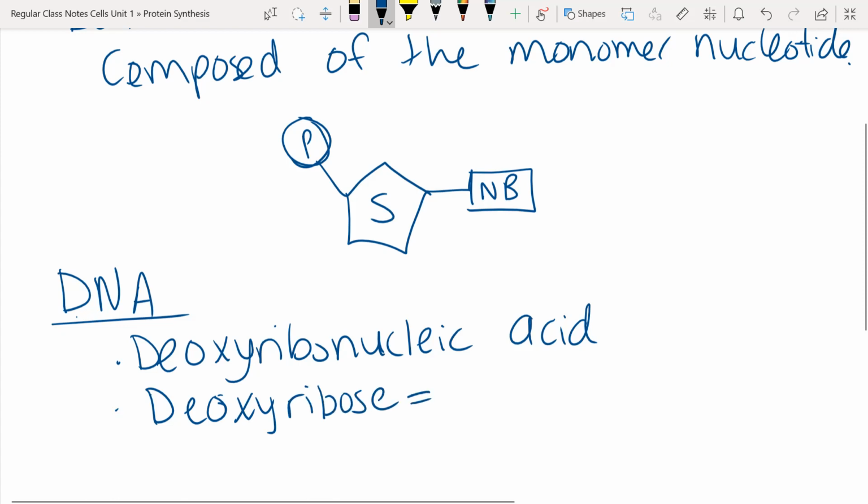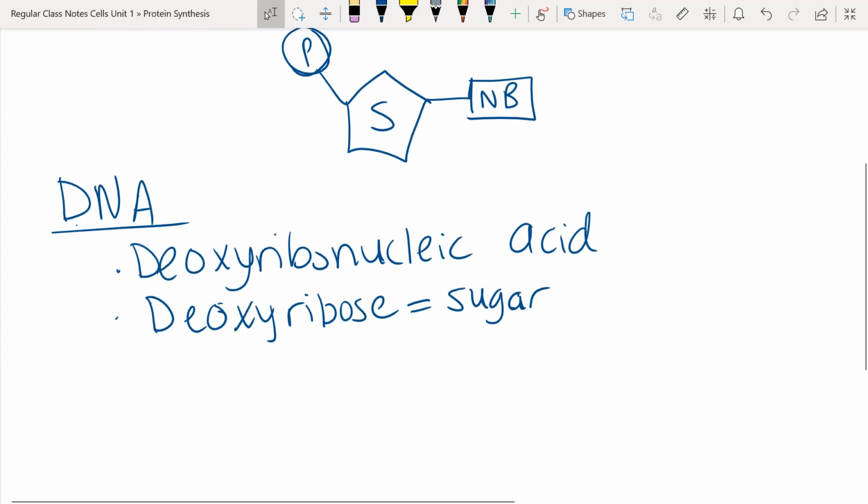So deoxyribose is the sugar that is found in DNA. In eukaryotic cells, remember the DNA is located inside of the nucleus of the cell, and it contains the genetic code or the genetic instructions of the organism.